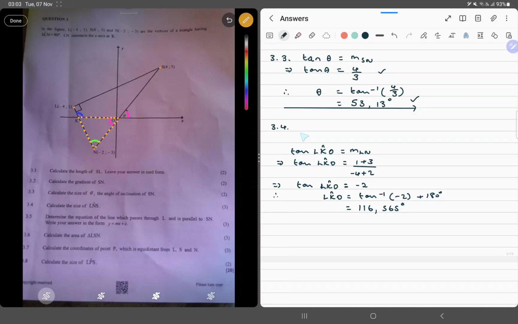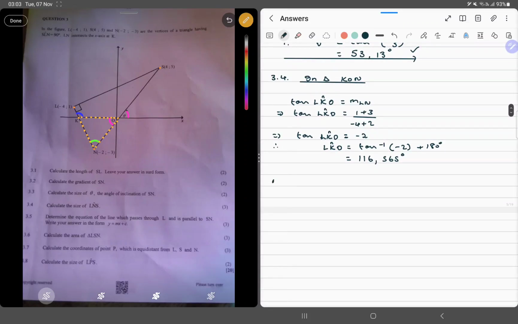We're going to state here that in triangle KON, because that is what we're trying to work on, we know that angle KON is going to be equal to angle theta, which is going to be equal to 53,13 degrees. What is the reason? These are the vertically opposite angles, and it's done.